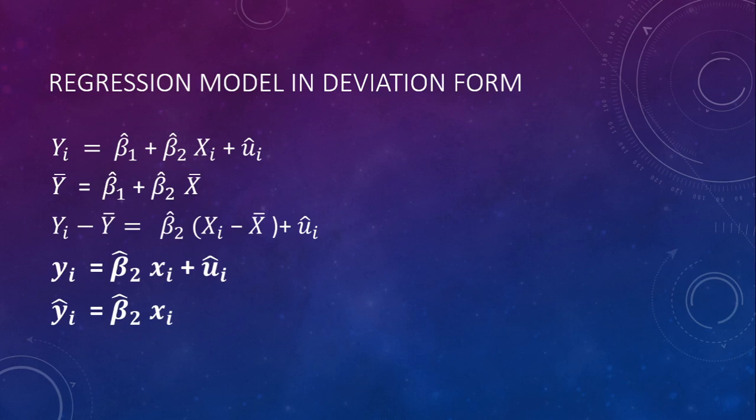So yi is equal to beta 2 hat small xi plus ui hat. This is the sample regression model in deviation form, and we know that the estimated value yi hat is equal to beta 2 hat xi, where y is expressed in deviation form and x is also expressed in deviation form.